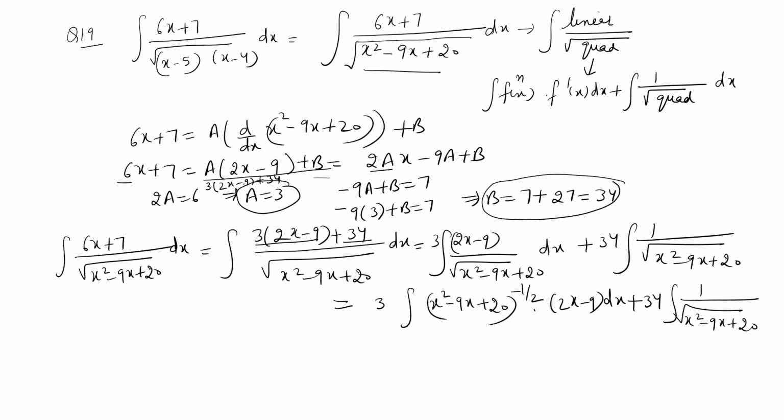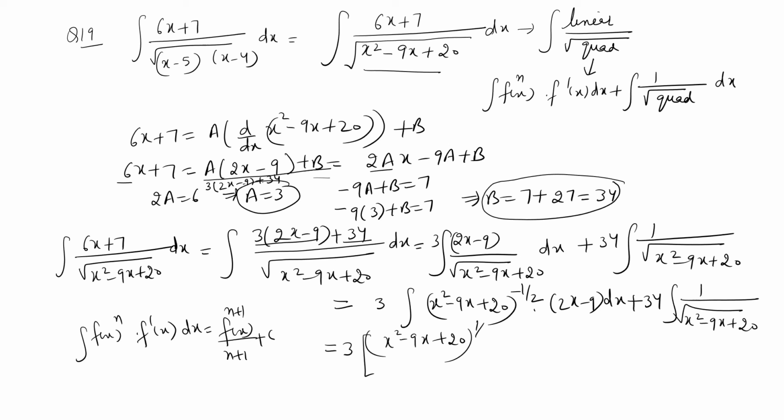Now using that integral of f(x) raised to power n into f dash x is equal to f(x) raised to power n plus 1 upon n plus 1 plus c, this becomes 3 times x square minus 9x plus 20 raised to power minus half plus 1, which is half. So it is 1 by 2 upon 1 by 2, right?